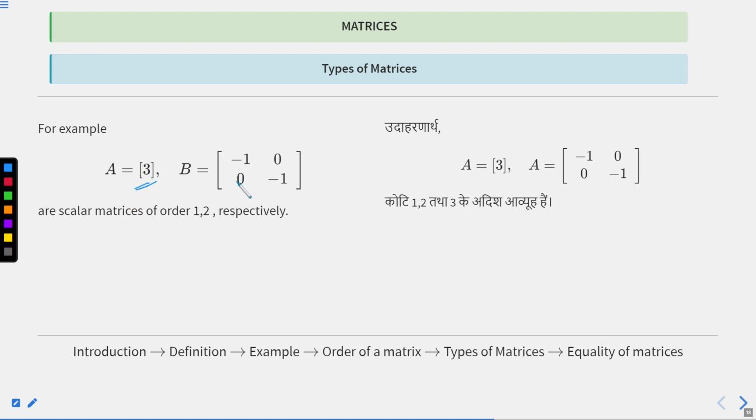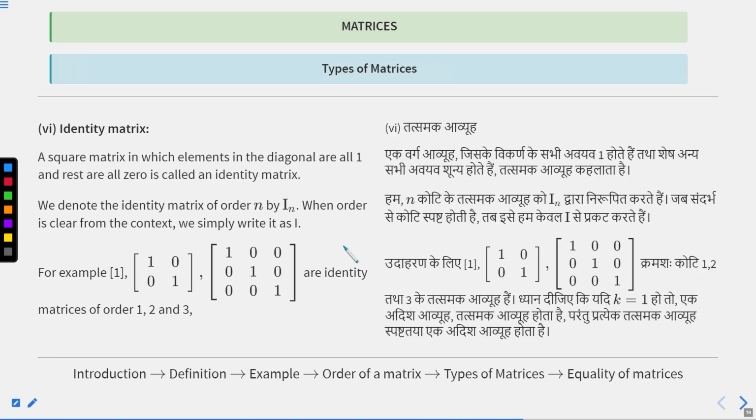This is my scalar matrix. As you can see, this is a square matrix, 2 cross 2. The number of rows and number of columns is the same, and non-diagonal entries are 0. So square matrix, check. Diagonal matrix, check. Now, are the diagonal entries equal to each other? Yes, -1 equals -1. So scalar matrix.